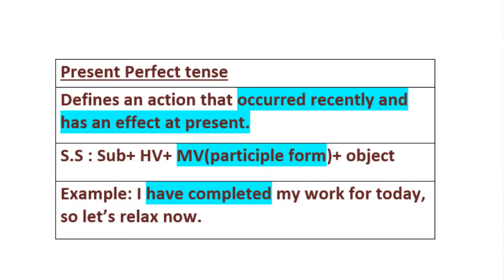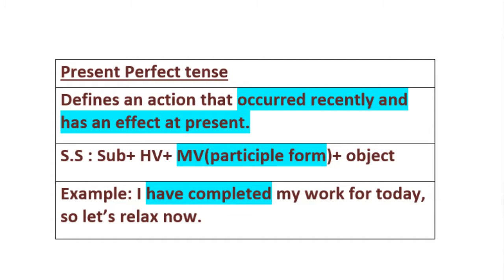Whereas present perfect tense defines an action occurred recently and has an effect at present. So let me just clear out by giving out the sentence structure. So present perfect tense sentence structure is subject plus helping verb plus main verb in the participle form plus object.